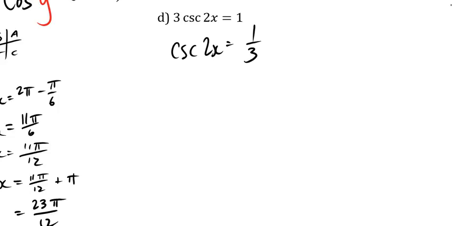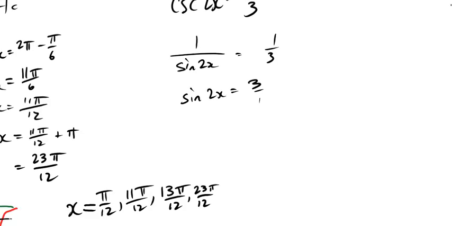If you wanted to see the long way of doing it, you could do it off to the side. But basically, if you're flipping one side, you flip the other side. So 1 over sine of 2x equals 1 over 3. But normally I would just say sine 2x equals 3 over 1, or 3. So you flip both sides to get it into one of the primary ratios.